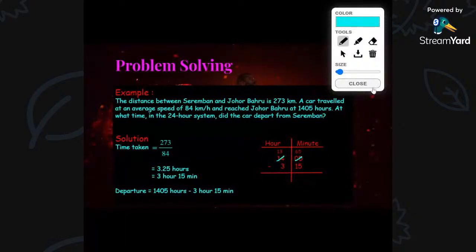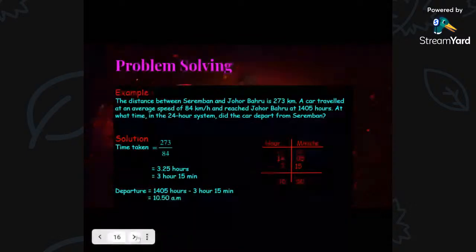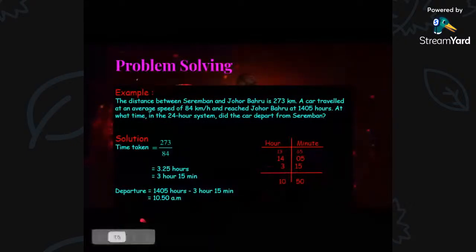Berapa kelas? Okay, so bila you tekan calculator, 65 minus 15, you akan dapat 50. Okay, so 14 minus, sorry bukan 14, 13 ni pun dah, cikgu dah cancel sepatutnya lah. Okay, so 13 minus 3, you akan dapat 10. Okay, so the answer become 10:50 am.